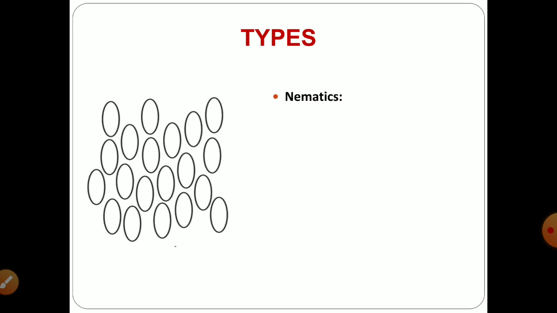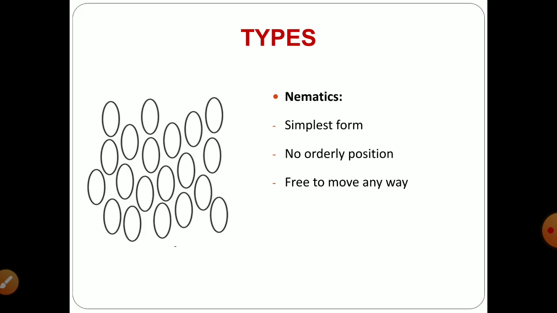Moving toward nematics, the nematic phase is the simplest form of liquid crystal and is the phase in which the crystal molecules have no orderly position and they are free to move in any way as they want. However, while they have no specific order, during this phase the molecules do tend to point in the same direction.